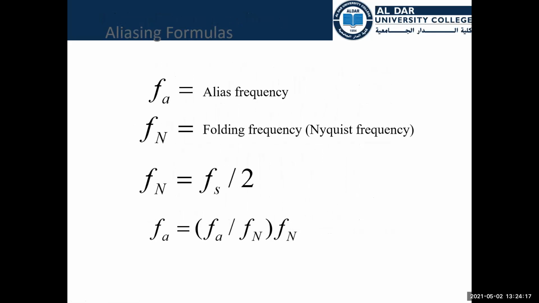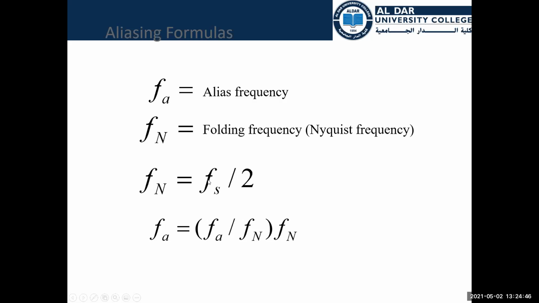The alias formulas. If Fa is the alias frequency and Fn is the folded frequency, or Nyquist frequency, we have Fn equal to Fs over 2. This means the Nyquist frequency should be the sampling frequency over 2.